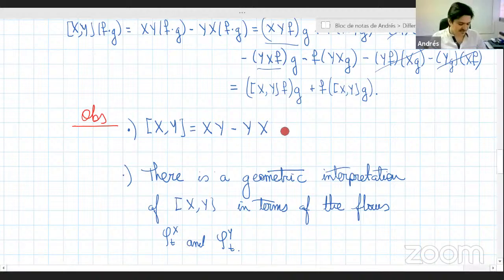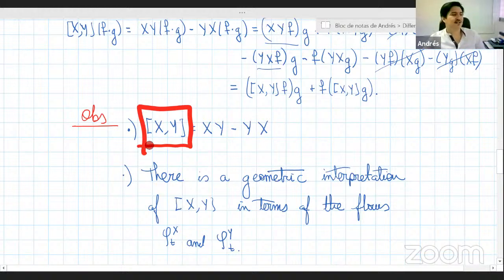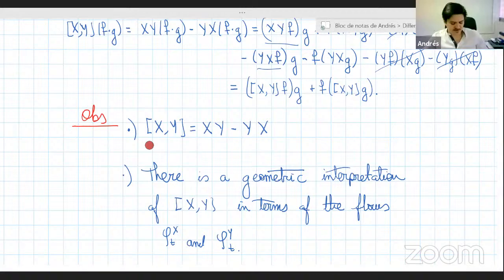So basically, the Lie bracket is measuring the commutator between X and Y, whether they commute or not. That's the whole idea of the bracket.